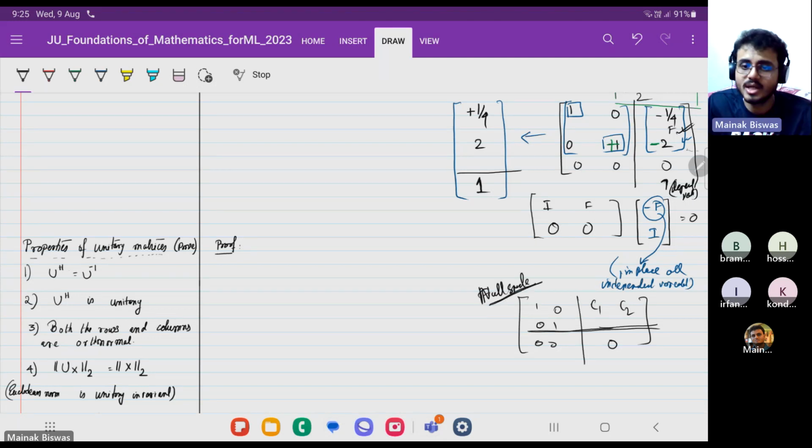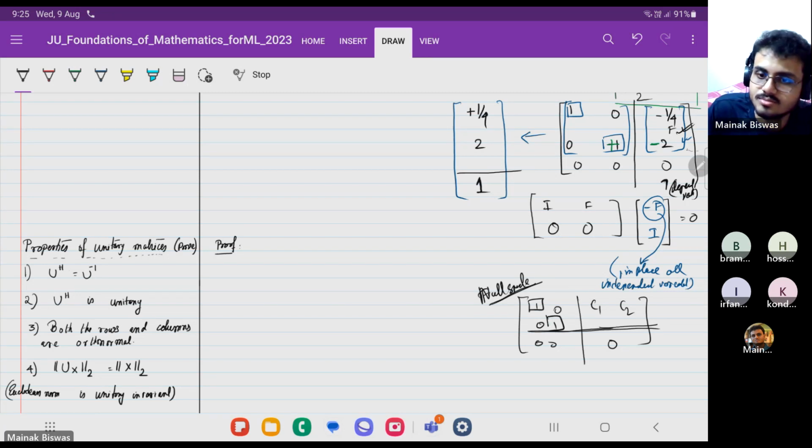So first tell me what would be the dimension of the null space in this matrix? How many dimensional null space would I have? 4 rows and 2 columns. Null space, what is the dimension?